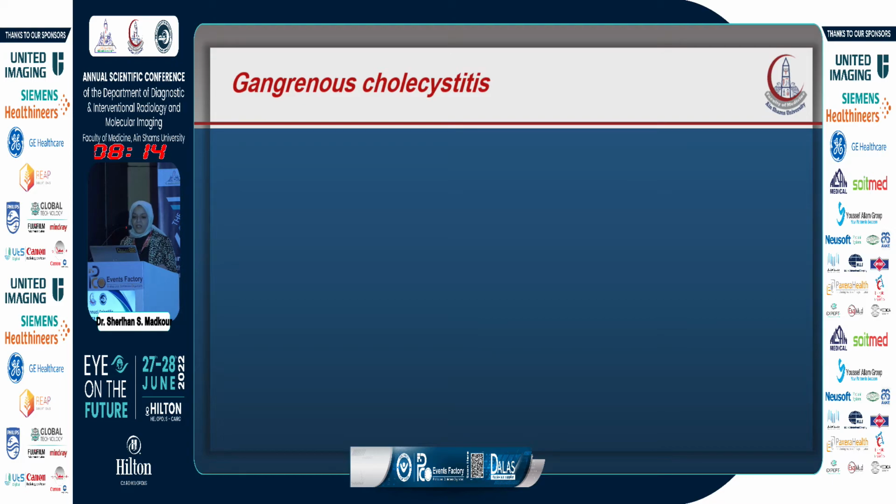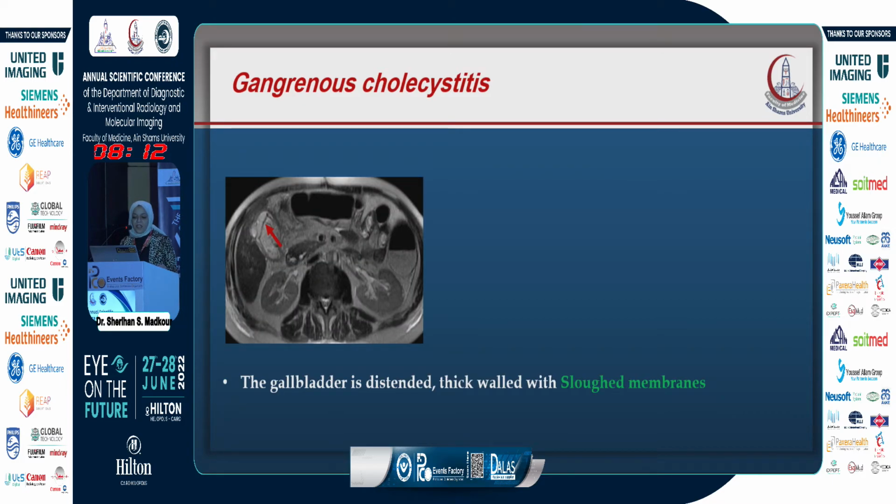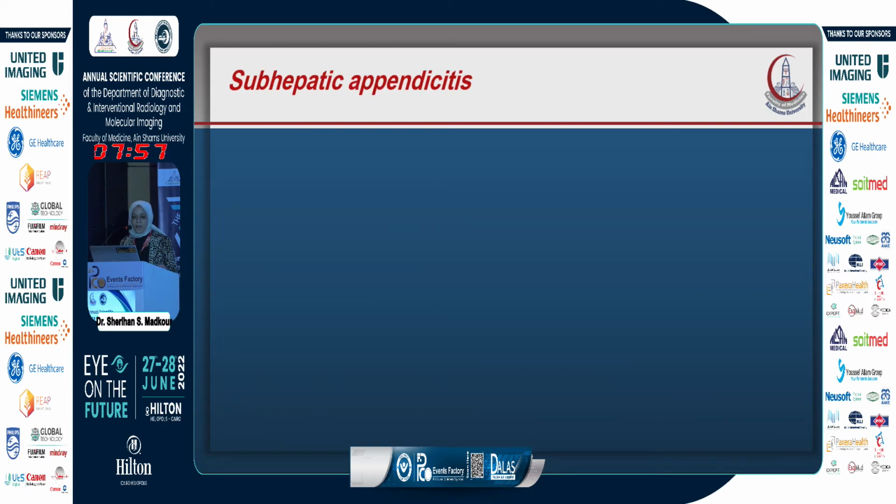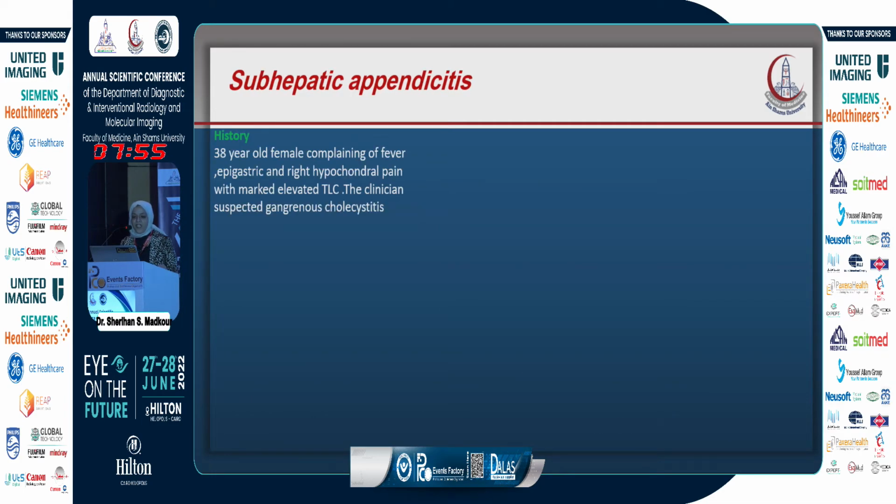Gangrenous cholecystitis: the gallbladder is distended and shows a thick wall with sloughed membrane. In this case, a cholecystostomy tube is seen in situ. Gangrenous cholecystitis shows no enhancement of the wall in post-contrast phases. Subhepatic appendicitis: a 38-year-old female complaining of fever, epigastric pain, and right hypochondrial pain with marked elevated total leukocytic count.